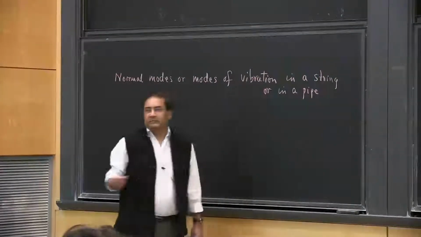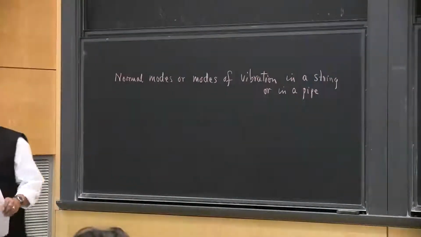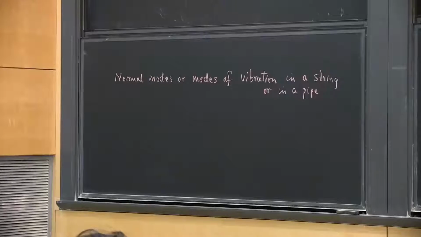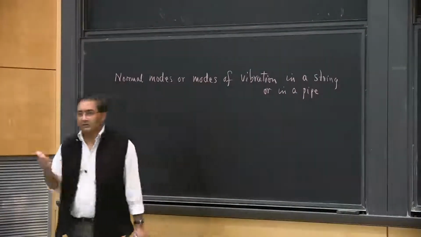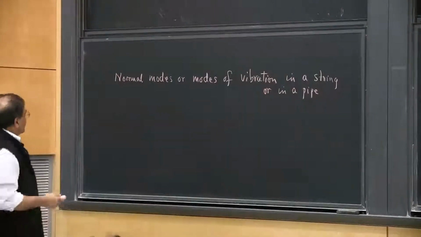So a pipe would be the nuts and bolts of a wind organ, wind-based organ. This could be the nuts and bolts of something like a guitar or the piano or what have you.